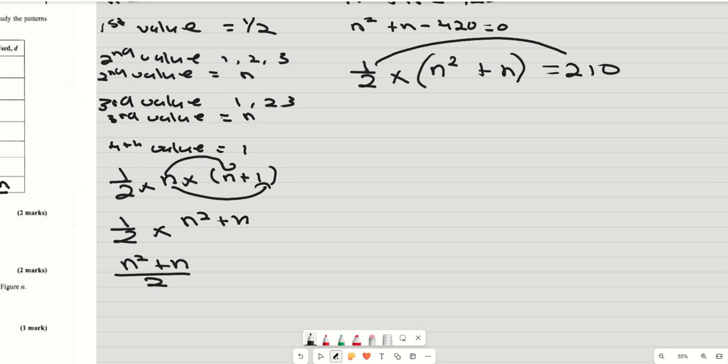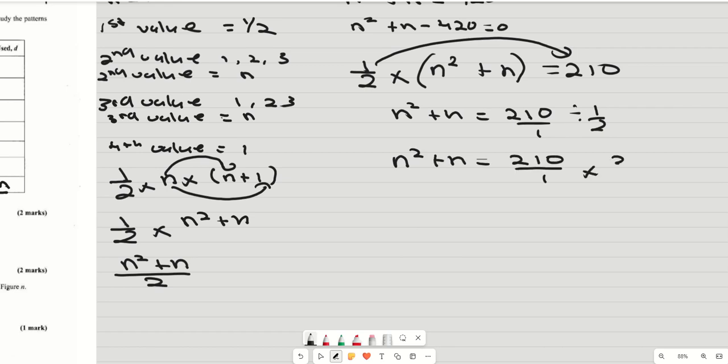You carry across, multiply by half, so you get n squared plus n is equal to 210 divided by half. When you're dividing fractions, you put the 210 over 1 and then you flip. So it's n squared plus n is equal to 210 over 1 multiplied by 2 over 1. So that's n squared plus n is equal to 420.